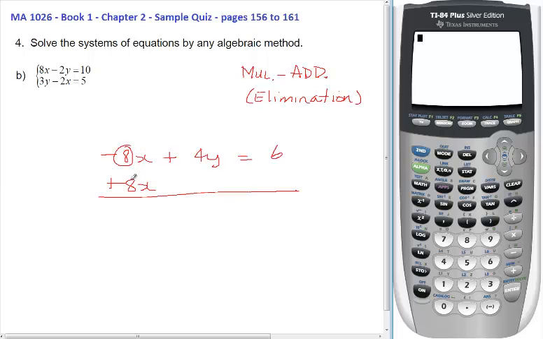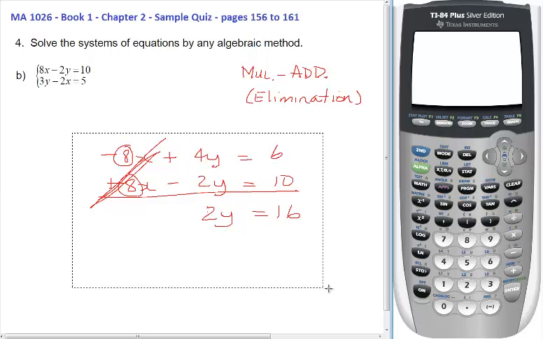So I need the same coefficient but a different sign. Then when I add them, they cancel out. When you add the two equations together, the x's cancel out, the y's don't, and you can come up with a solution.